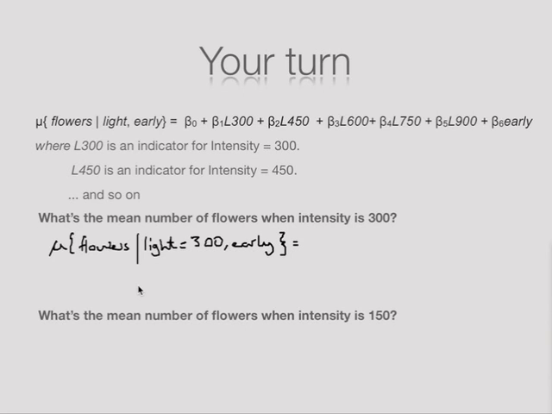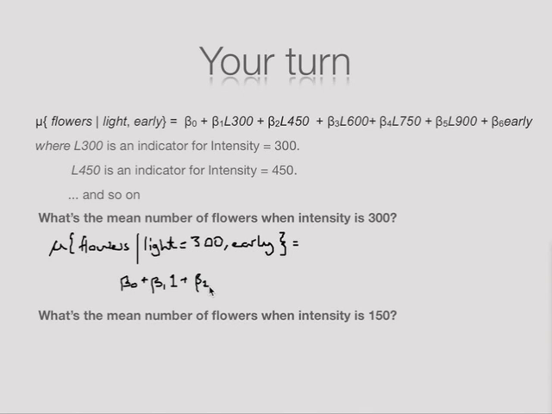Okay, so we can go ahead and write down the regression model, filling in anything we know. We have a beta 0 plus beta 1. The first indicator variable here is L300. It's an indicator for whether the intensity was 300. We're working it out for a case where it was indeed 300, so it takes the value 1.